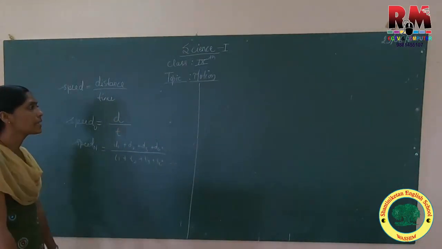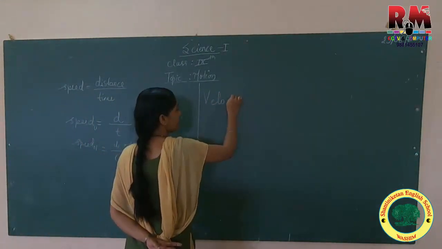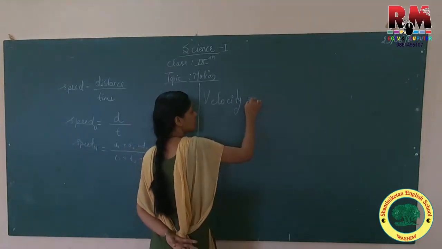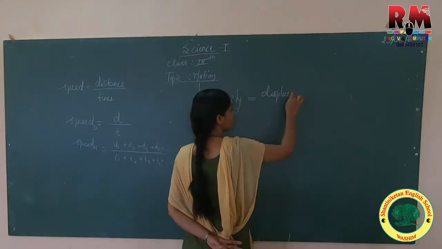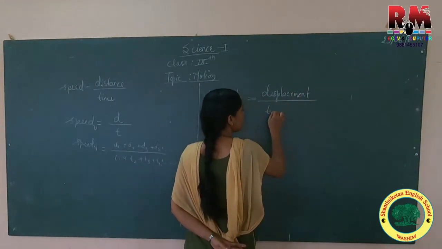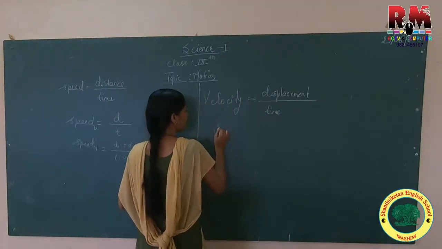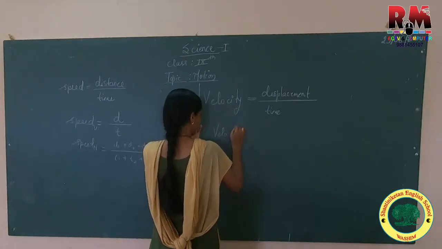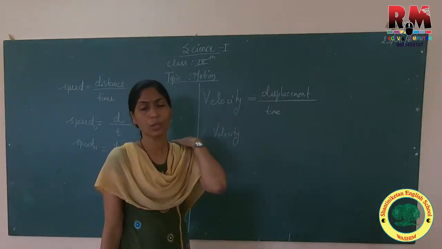In the same way for velocity also. We have studied in the previous class that velocity is equal to displacement upon time. Here also, velocity for uniform motion and velocity for non-uniform motion.